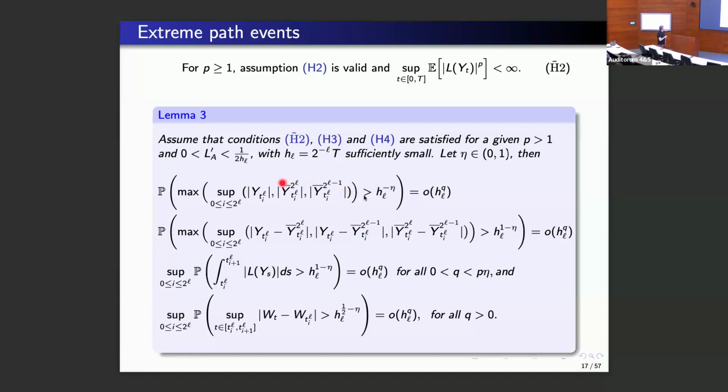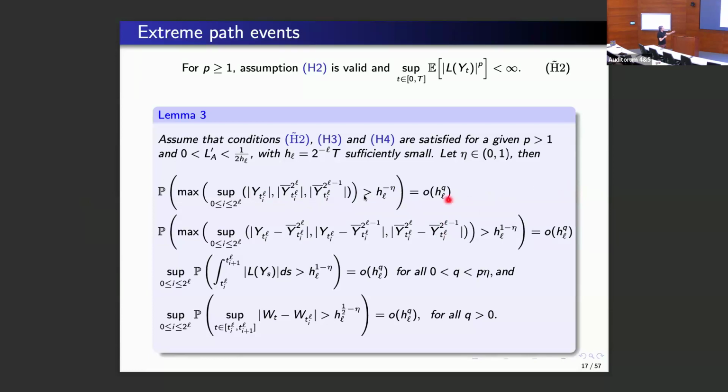So first of all, we need to control the moments here. This term, where you have the true diffusion and both schemes, the finer and the coarser, if you want them larger than h_L^(1/2 - eta), this probability could be as small as you want. Q is arbitrary.